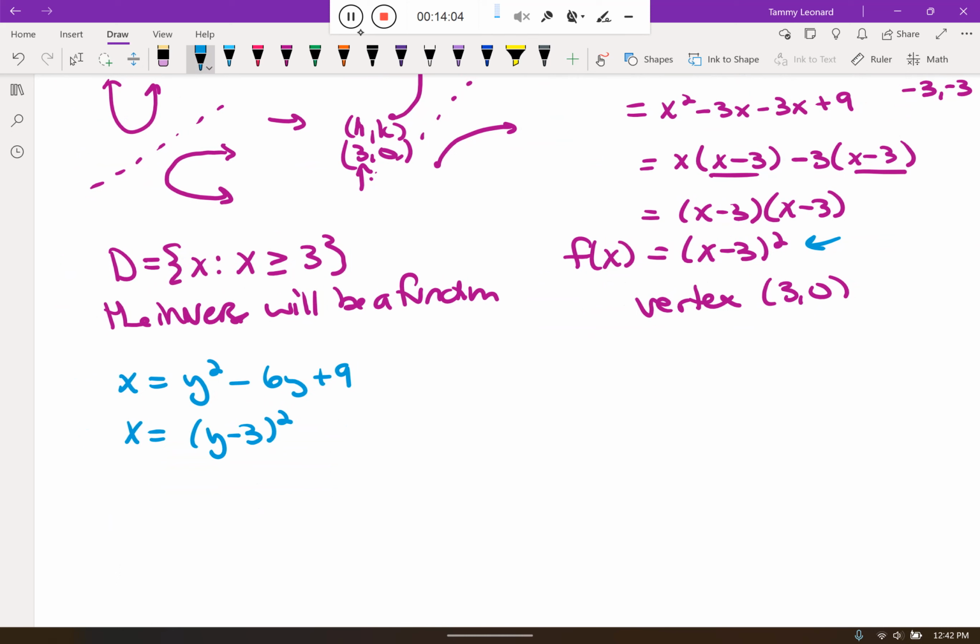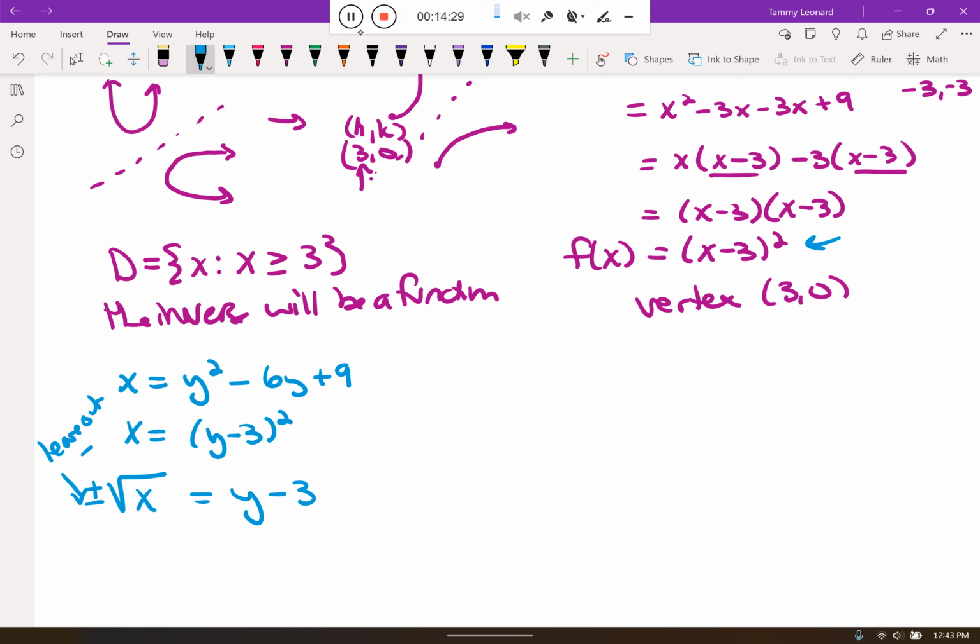I can take the square root of each side, which would normally give me a plus or minus over here. But remember, our whole purpose was that we only wanted the top part so that we could get a function. So we are going to leave out the minus so that we only get the top part of the graph.